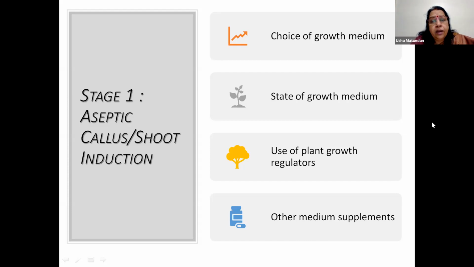Now your growth medium for establishment is normally a solid medium. But for multiplication, a liquid medium is often preferred. Why? Because in liquid medium, due to agitation, oxygen dissolves well and you get a good amount of oxygen to the growing cultures.